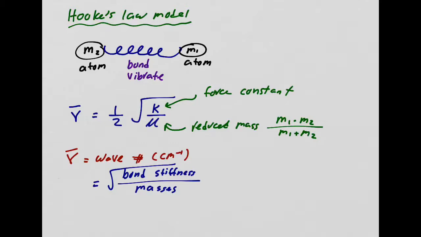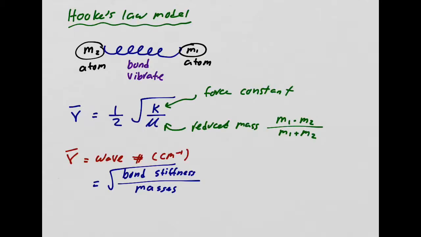Now, let's go over what we expect for the IR frequency. Okay. Now I need you to keep this in mind as I'm giving you different scenarios. Scenario number 1. What happens if I have a heavier atom? So if I have a heavier atom, what does that mean?